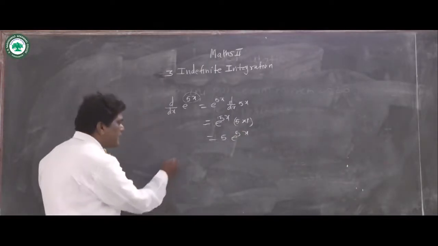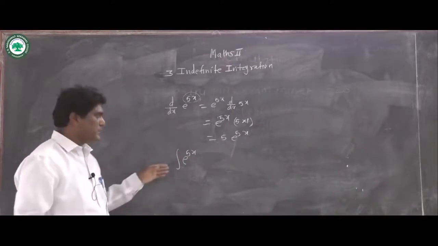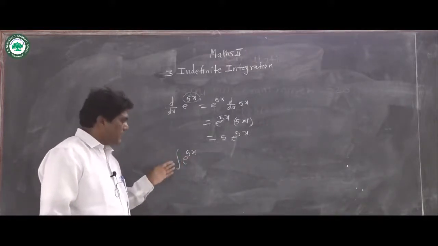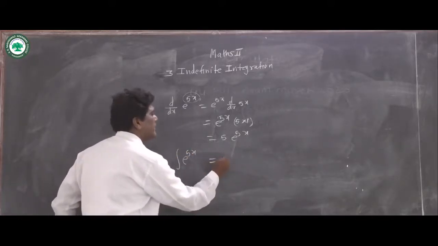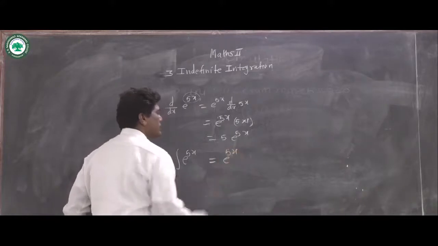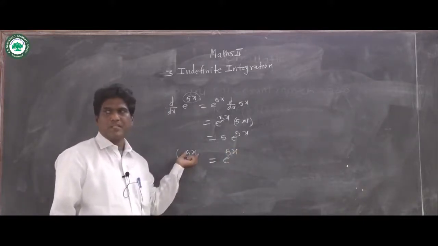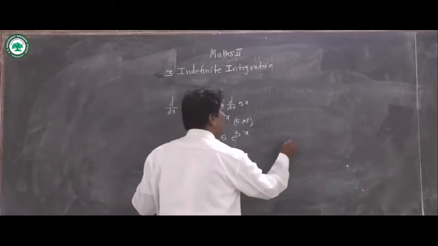Now while taking the integration of e to the power 5x, that is a composite function, we use here the chain rule. Integration of e to the power x is also e to the power x. But instead of x there is 5x. So again take the derivative of 5x.